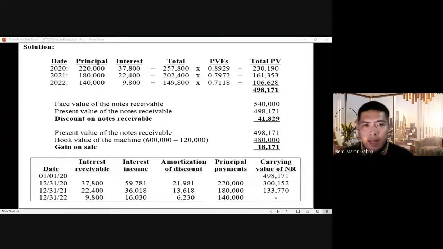So get the difference: 133,770 minus 140,000 is 6,230. Then 6,230 plus 9,800 gives us 16,030. Okay?